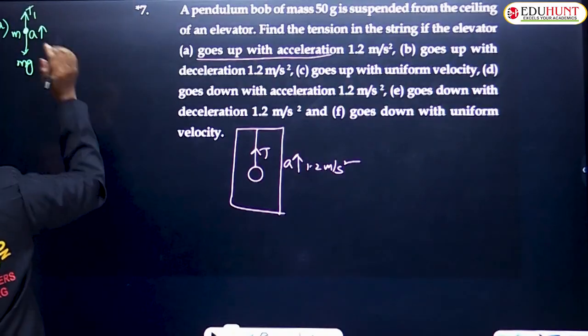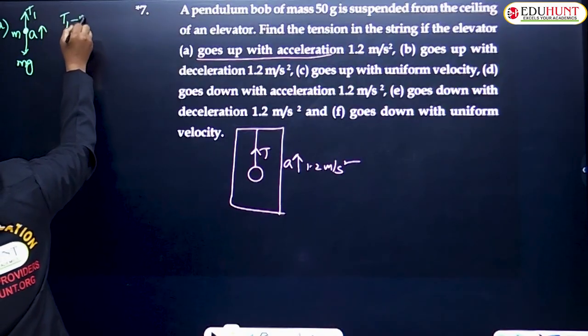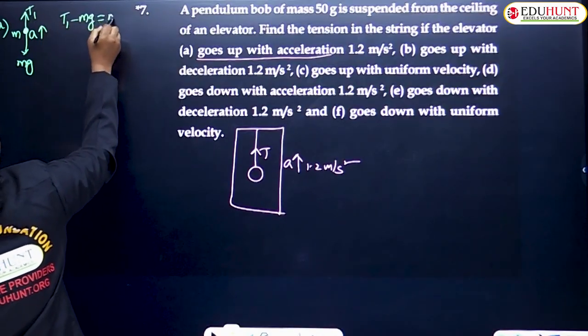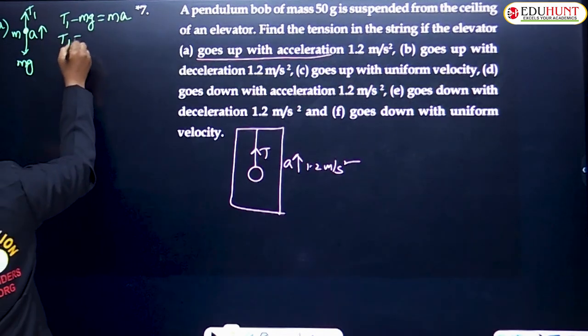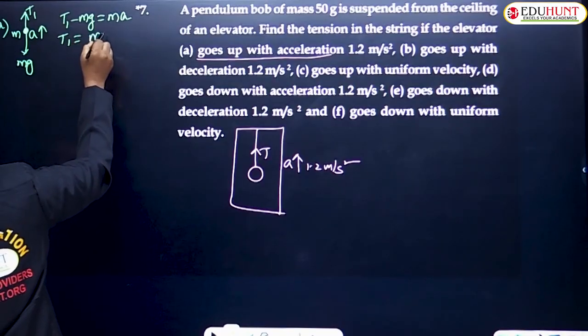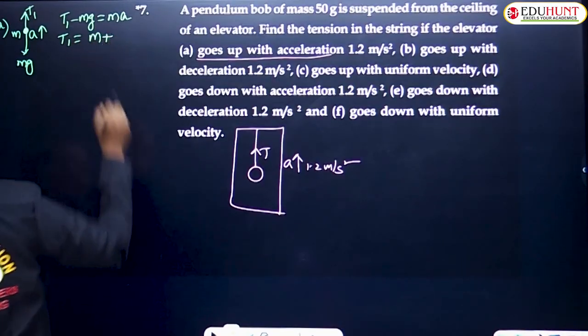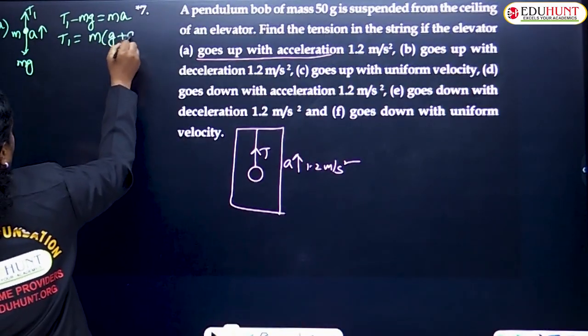As it is moving upwards, the equation of motion is upward force minus downward force equals the net force, or T1 minus mg equals ma. If brought to the other side, it becomes plus mg. T1 equals mg plus ma. Take out m as common, and you are left with m into (g plus a).